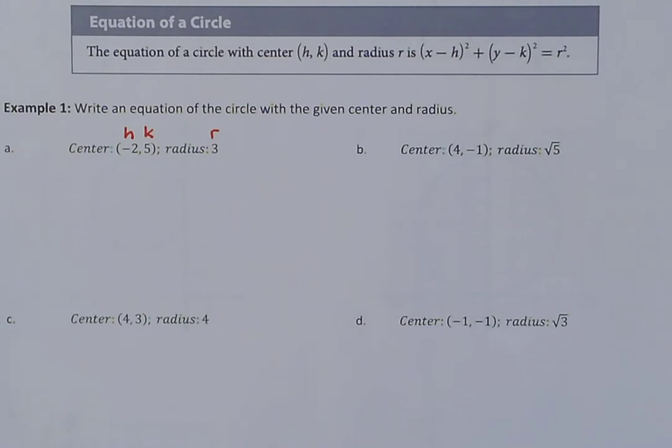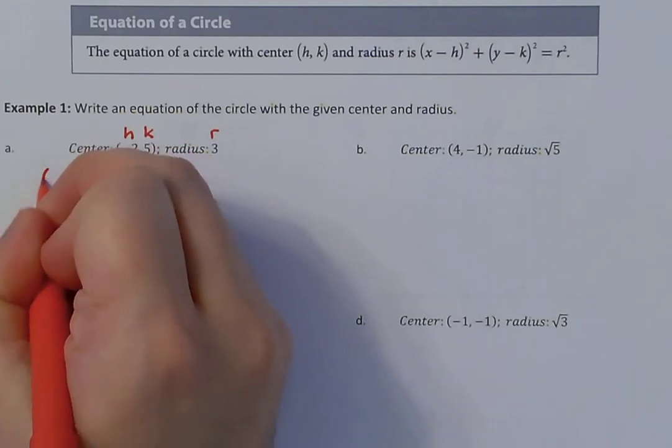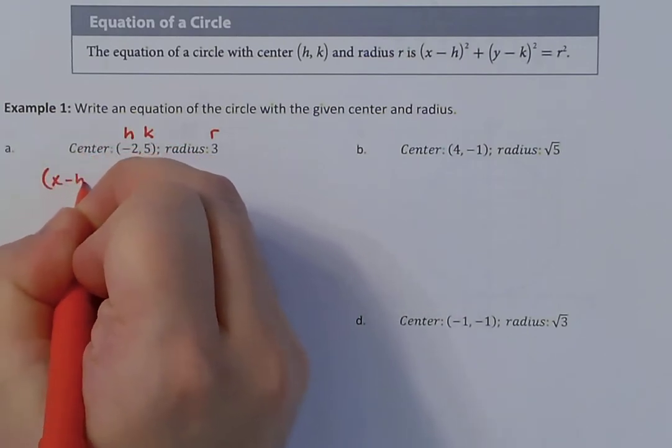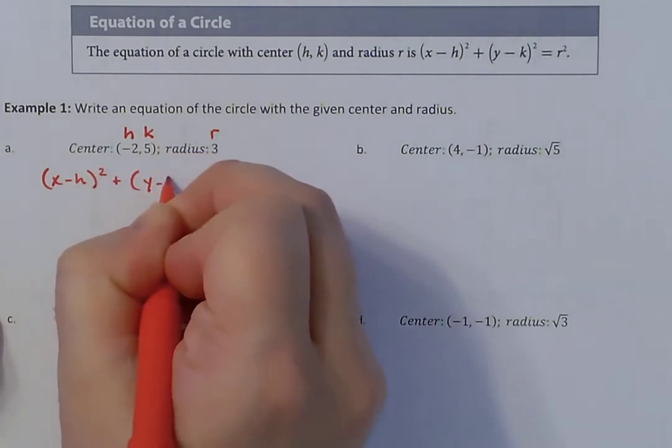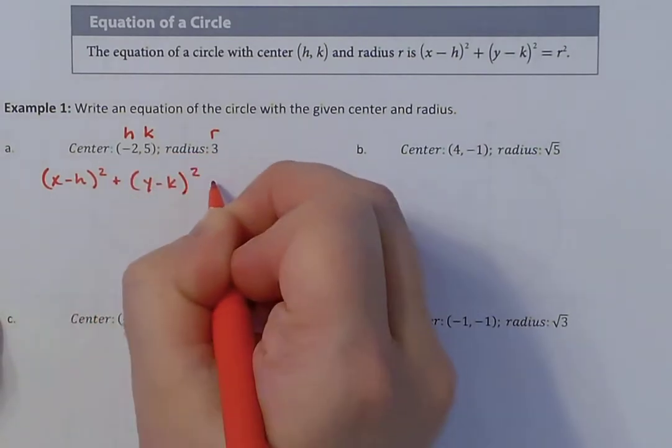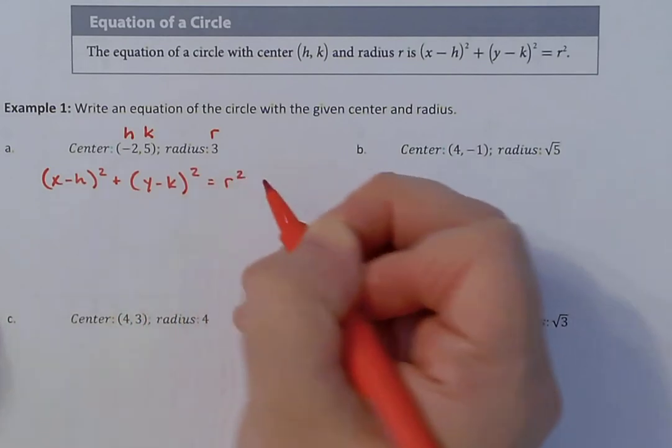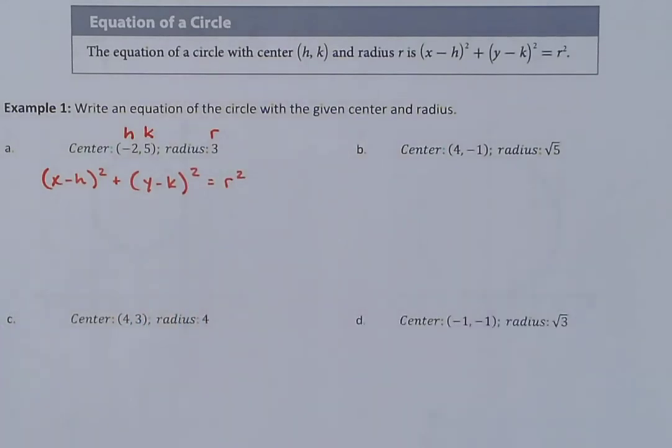So, first up, for A, I'm going to rewrite the formula, (x − h)² + (y − k)² = r². So that is our equation. We're going to plug in the values of h as −2, k as 5, and r as 3 into this equation.